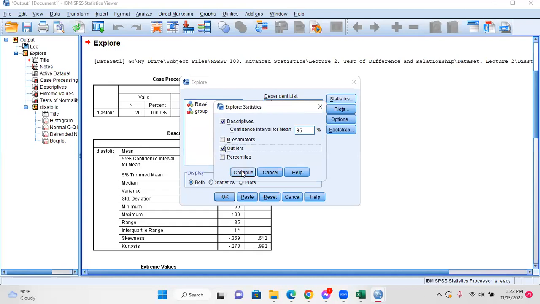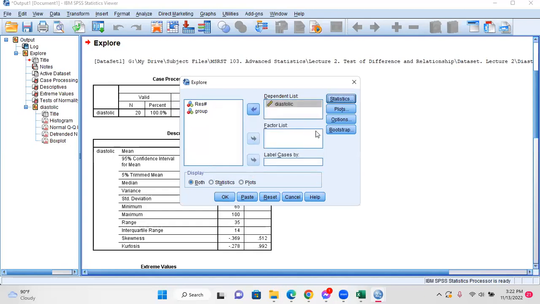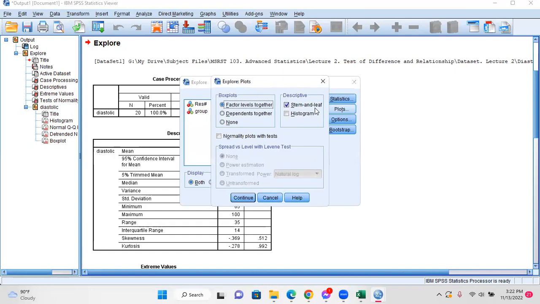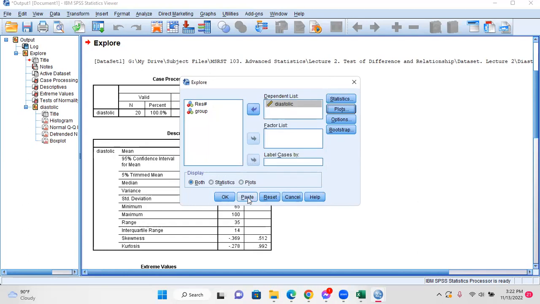Outliers. Continue. Then plots. Stem and leaf. Histogram. Then, the normality plots with test. Then continue. Then click OK.